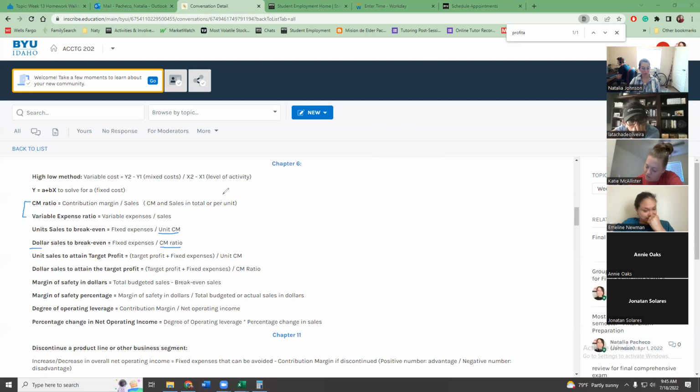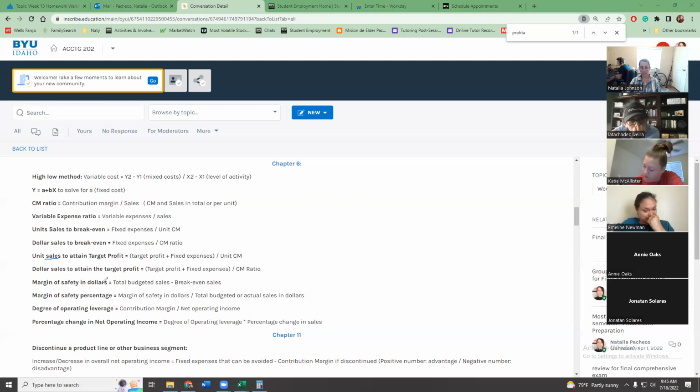The target profit is basically the same as the break-even point formula, it's just that you add target profit. So unit sales to attain target profit is the target profit plus fixed expenses divided by unit CM. And the sales is the target profit plus the fixed expenses divided by contribution margin ratio.